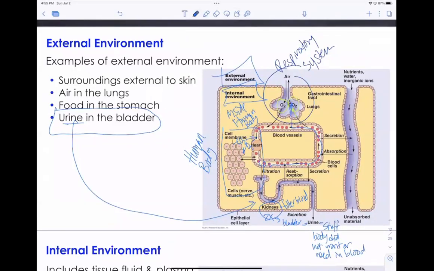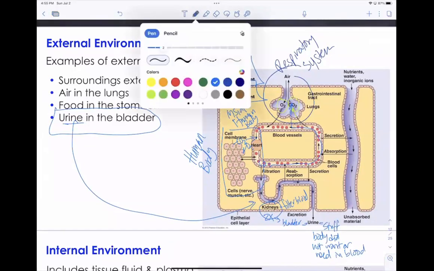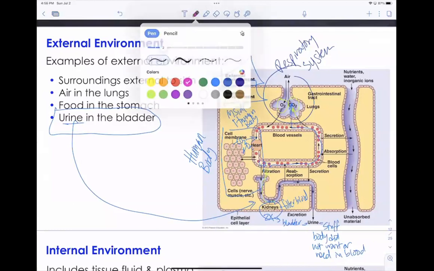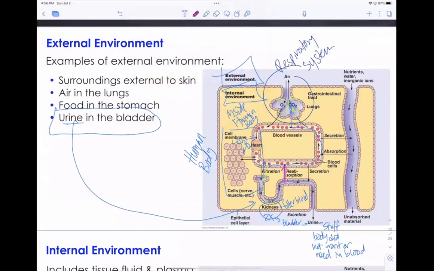And what filtration is, it's taking out everything you don't want in the bloodstream and putting it into these nephrons. And as it goes through the nephrons, a couple of things can happen. You can reabsorb what's in the urine filtrate in these nephrons back into the bloodstream. Or you can keep it in the urine filtrate or secrete it back into the urine filtrate. And what's in the urine filtrate is ultimately going to be excreted or gotten rid of out of your body.